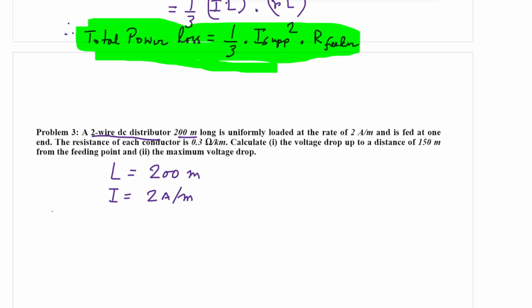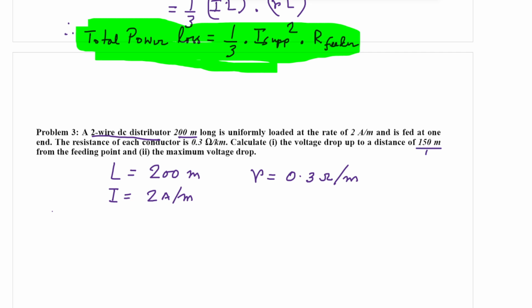It is fed at one end. The resistance of each conductor is 0.3 ohm per kilometer. So R is 0.3 ohm per kilometer. What is the voltage drop up to a distance of 150 meters?